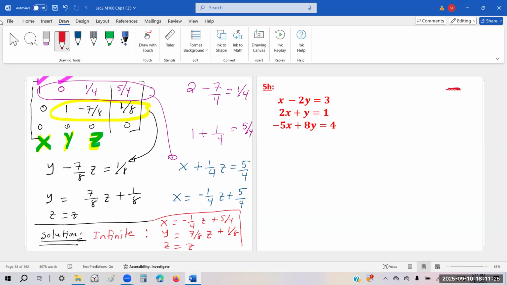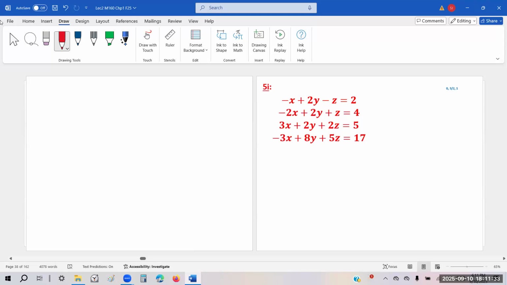If you're done, I have one more. If you don't want negative, you want 1 here, what can you do? We can think of it as dividing by negative 2.